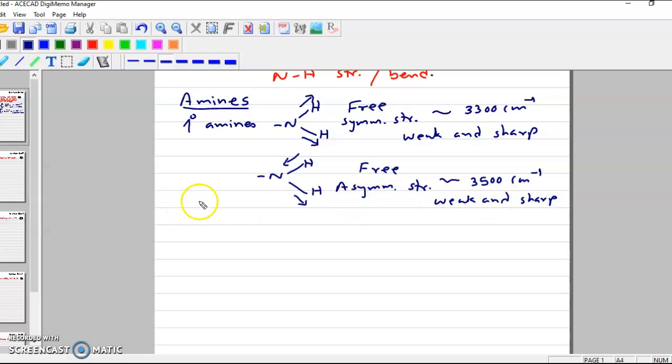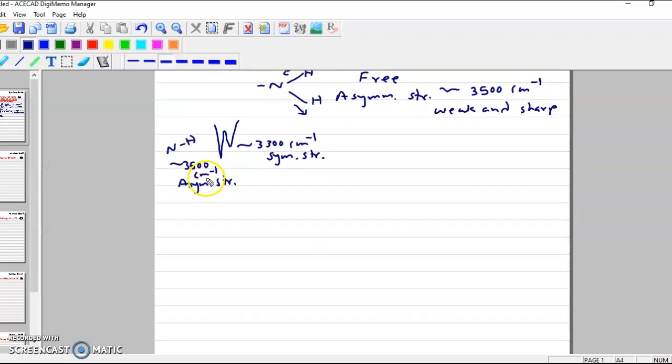So these two bands will look like this. They are always associated with each other. This is nearly 3500 cm⁻¹ because of asymmetric stretching of the NH bond, and this is at nearly 3300 cm⁻¹, and this is due to symmetric stretching of the NH bond.